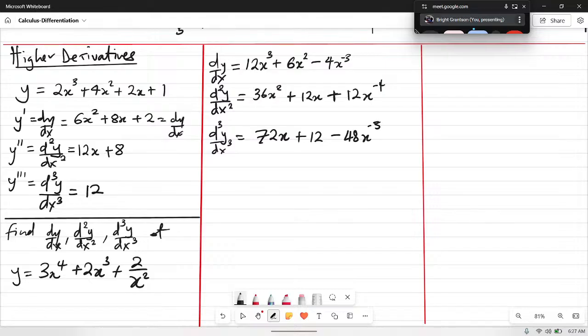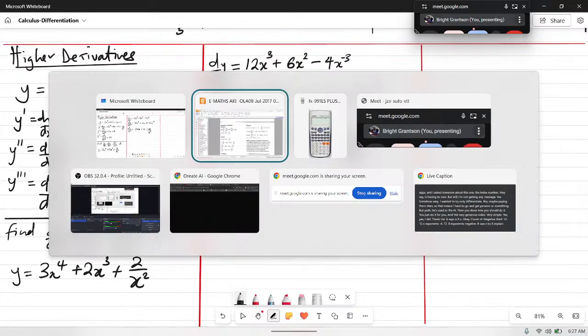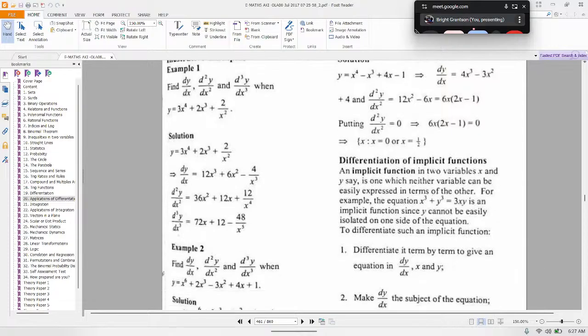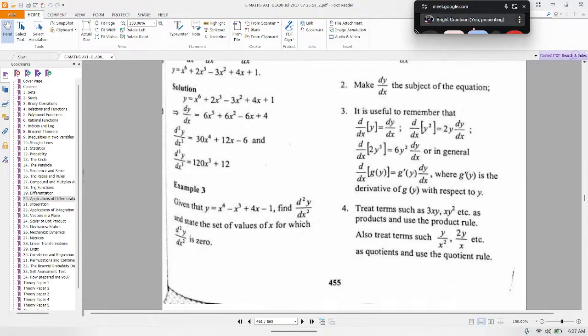Very good. But you can send it back to the fraction form so that it becomes 72x plus 12 minus 12 over x exponent 4. Okay, so that's quite impressive. I think this is okay, and you can do all the questions over there.